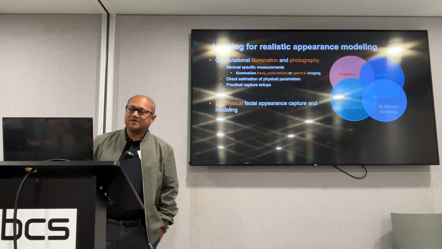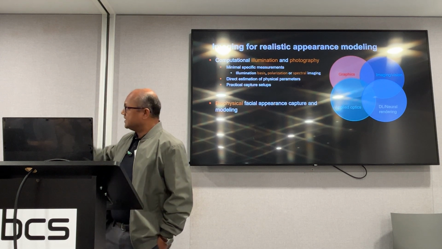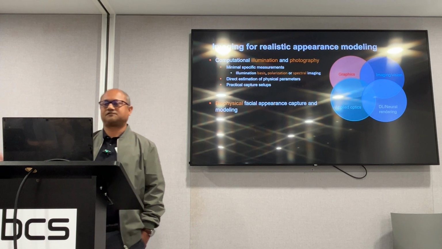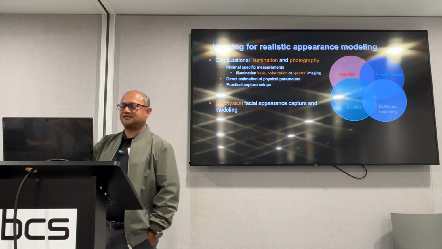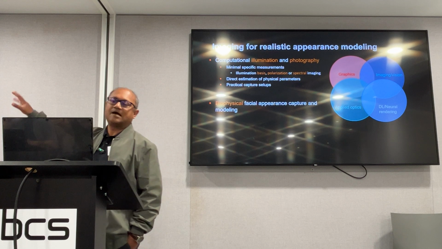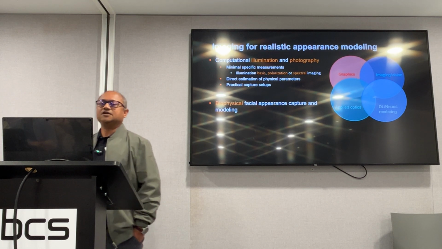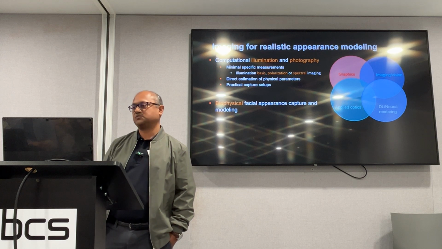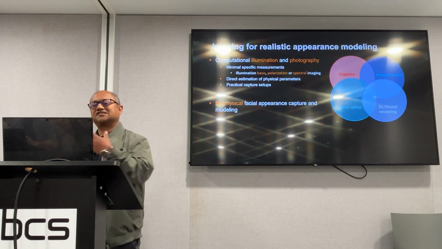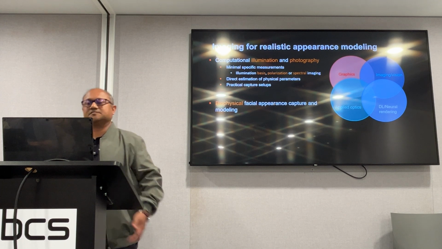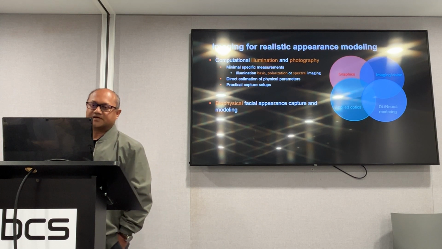So my general research up until now has been in this space of imaging for realistic appearance modeling, not just for human faces, but also for objects and materials. And by and large, my lab has taken this philosophy of using computational illumination or photography, or sometimes a combination of the two, to arrive as much as possible at direct estimates of physical parameters of materials that we see in the real world.